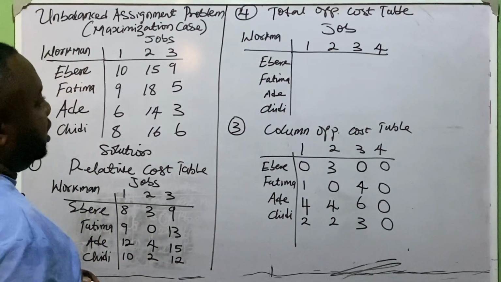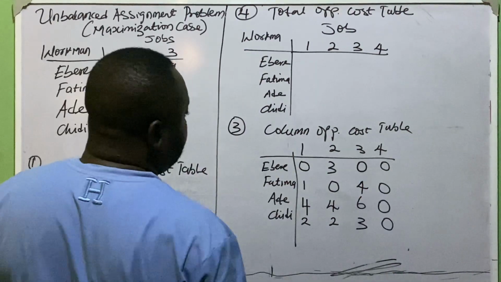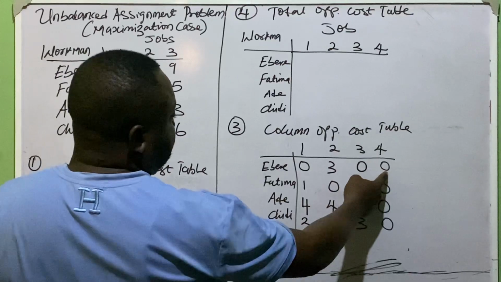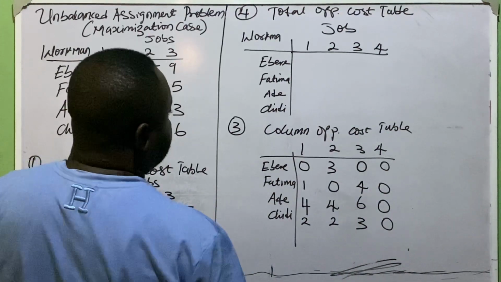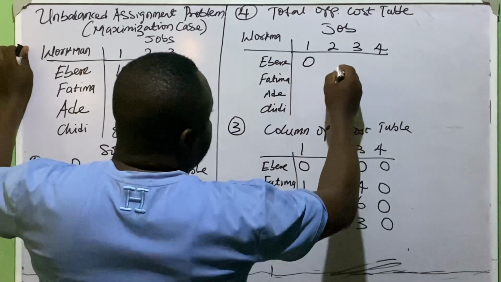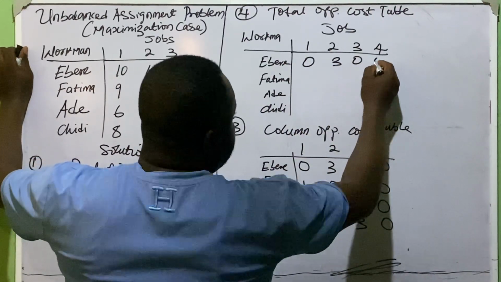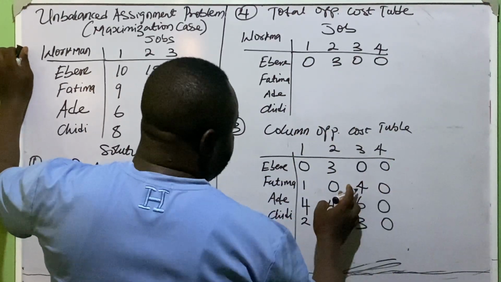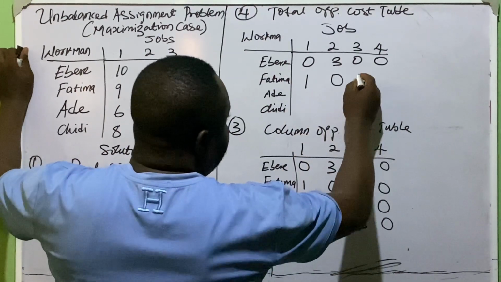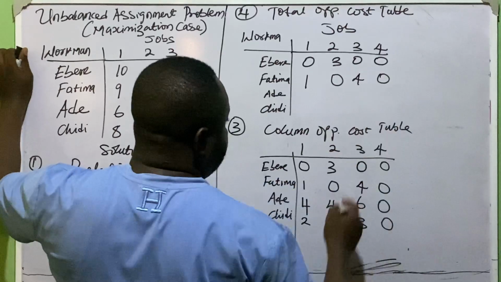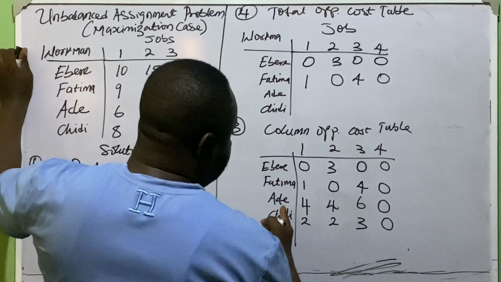So these are of course our rows. I'm going to go row wise. That's 0, 0, 0 in the Ebere row, so we're going to return it. So we have 0, 3, 0, 0. There's also 0 here, 0 here. So we have 1, 0, 4, and 0. Then there's 0 in the Ade row.